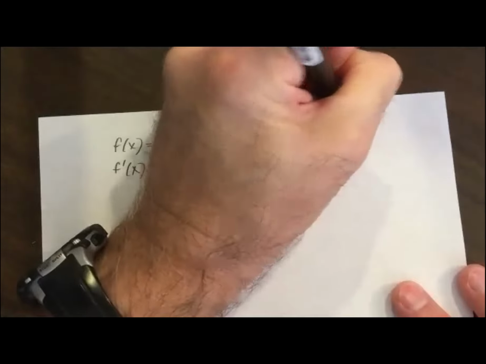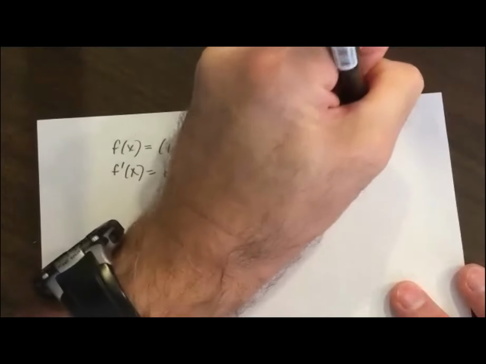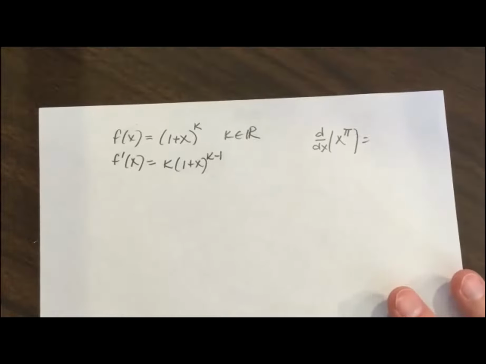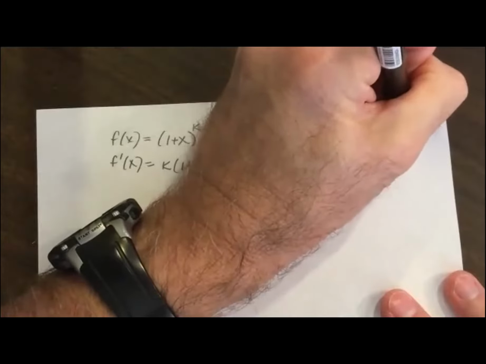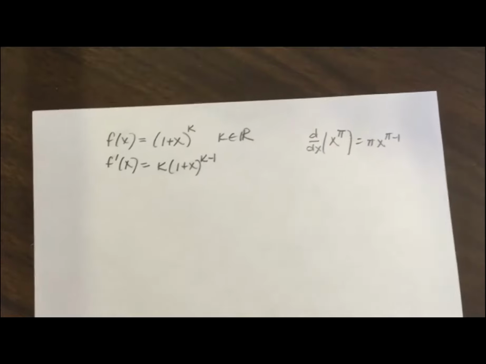In other words, what if I have x to the pi, and I ask you this? Then you go, oh, I think that power rule still works. Pi x to the pi minus 1. Power rule works. Yes, it does. How do I know the power rule works for real numbers?